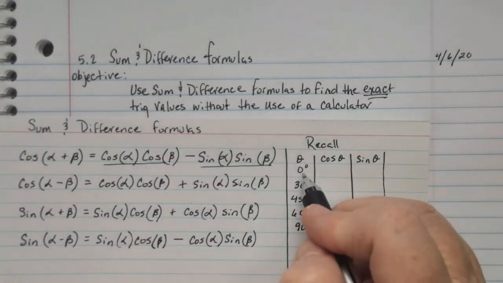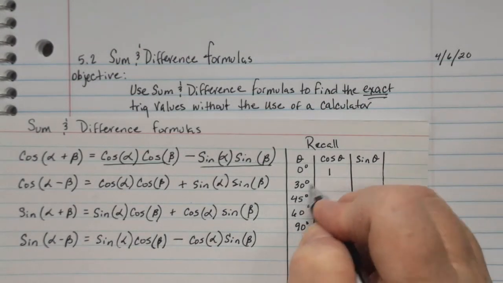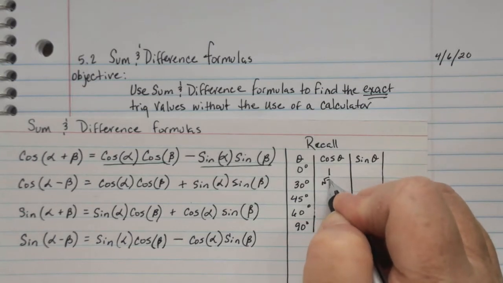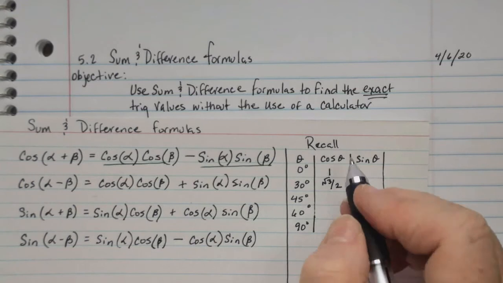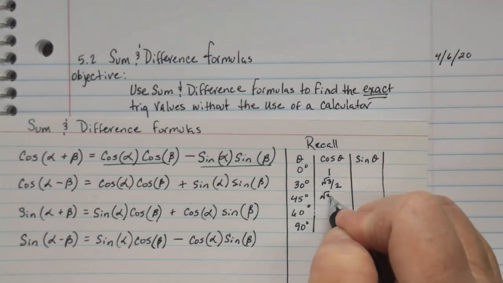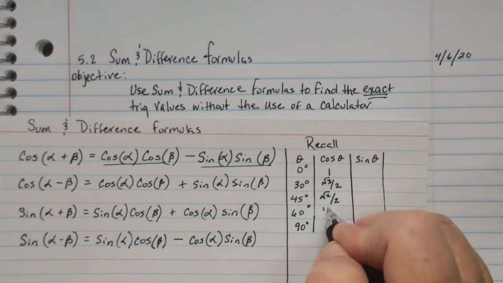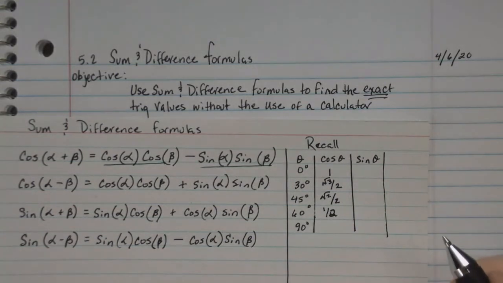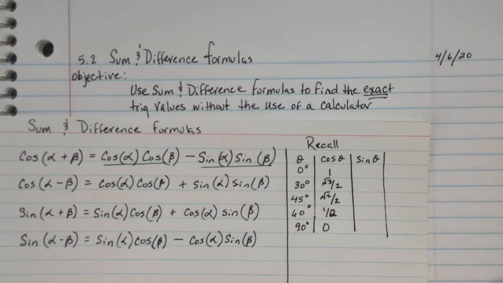Okay. Cosine of 0 degrees is 1. Cosine of 30, square root of 3 over 2. Cosine of 45 degrees, square root of 2 over 2. Cosine of 60 degrees, 1/2. Cosine of 90 degrees is 0.